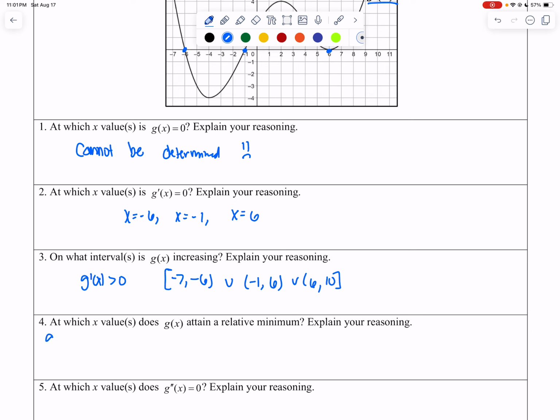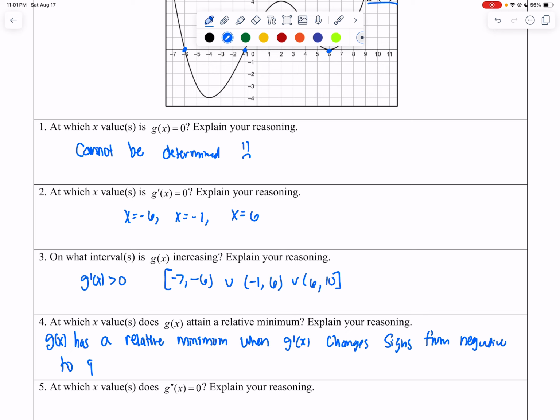So g of x has a relative minimum when g prime of x changes signs from negative to positive. This occurs at the point x is equal to -1.